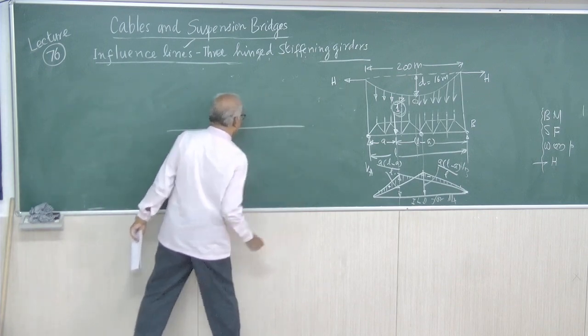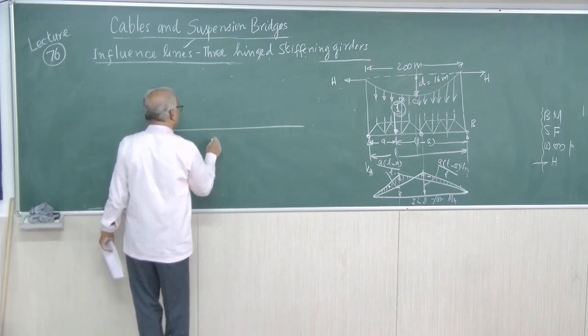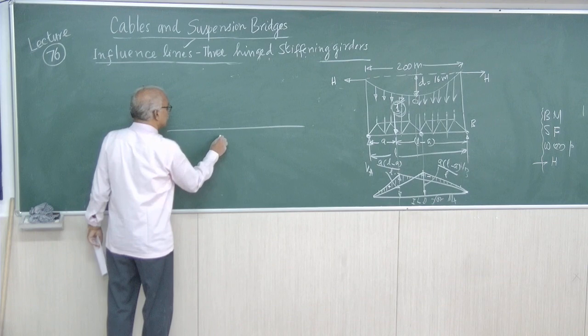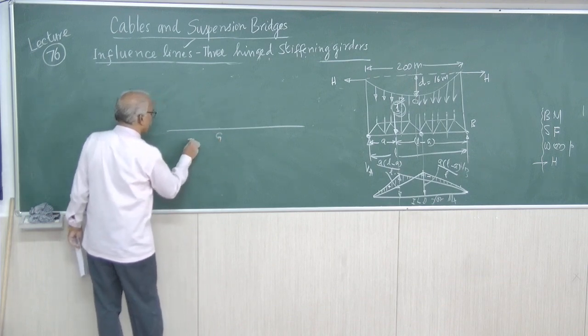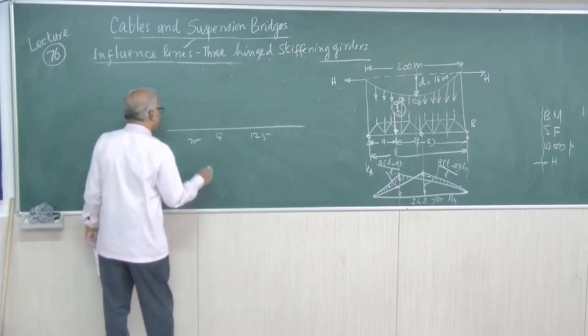For the problem that we have discussed, we first calculated bending moment at a section 75 meters from one end. So this is 75, this is 125, total 200 meters.